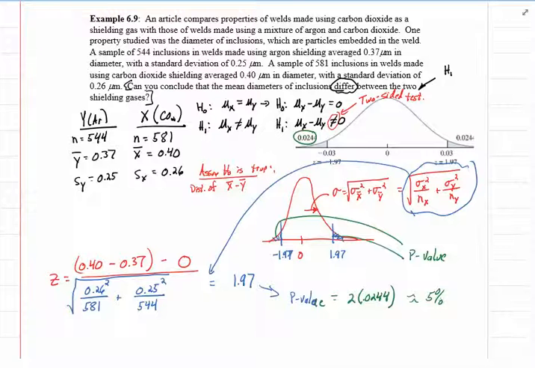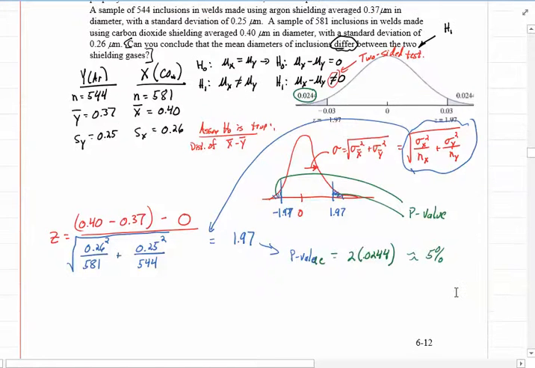We're slightly below 5%, so we would reject the null hypothesis. Just barely, we would reject H0, accept H1, and that would lead to the diameters are indeed different.